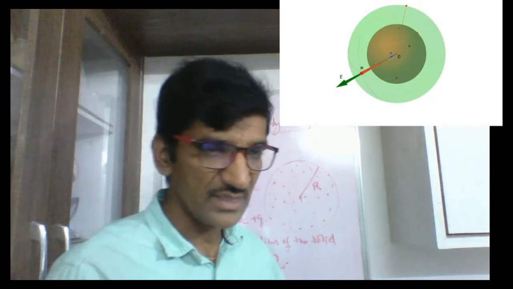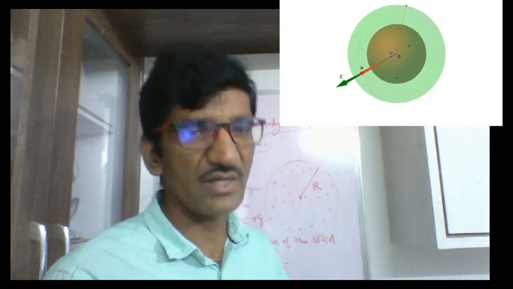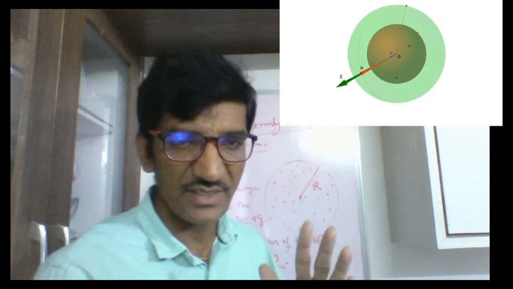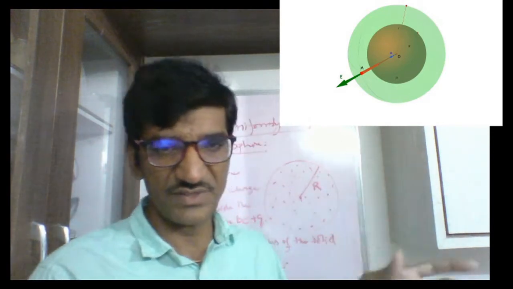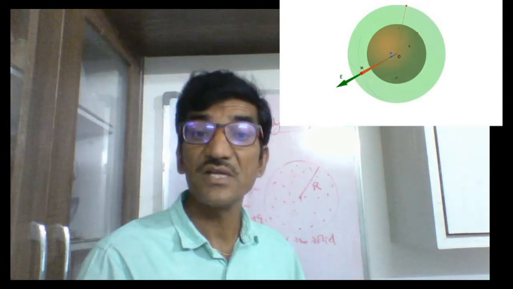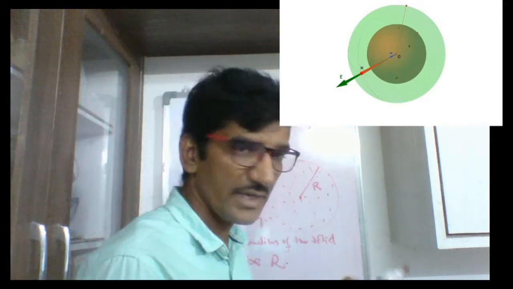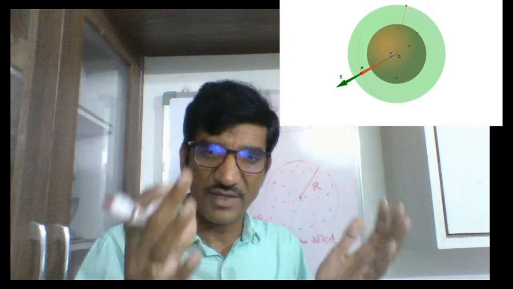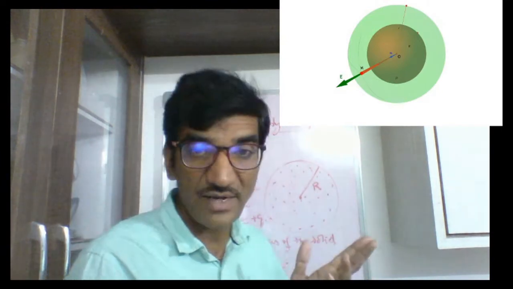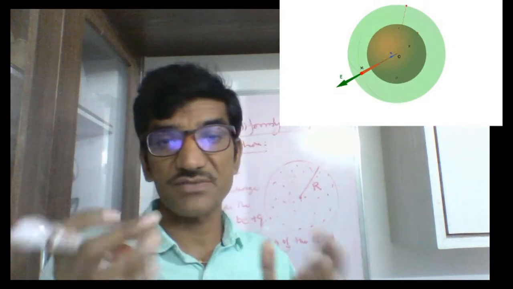The shell width is very small, so instead of defining two radii, inner and outer, you may take one radius for a thin spherical shell. That also has a spherical surface, but there was no matter inside that sphere yesterday. But today, that sphere is filled with matter.